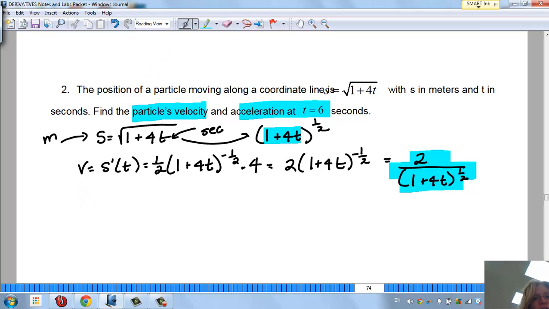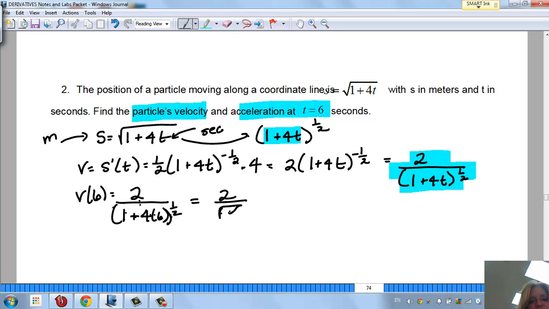The velocity at 6 is going to be 2 over (1 plus 4 times 6) raised to the half, which comes out to 2 over the square root of 25, or 2/5.